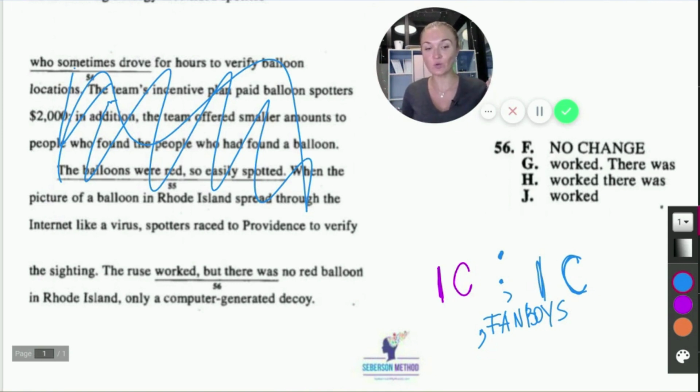For, and, nor, but, or, yet, so are not all interchangeable because each of them communicates a specific transition relationship. And if you've seen my transition training, you probably know that there are three types of transition relationships. It could be continuous, it could be reversal, or it could be cause and effect.